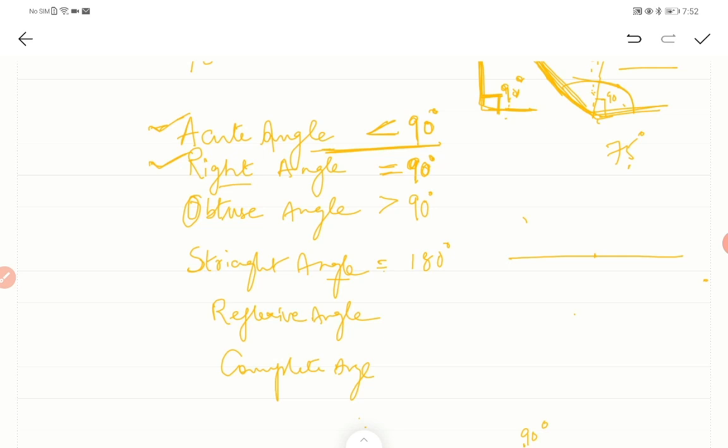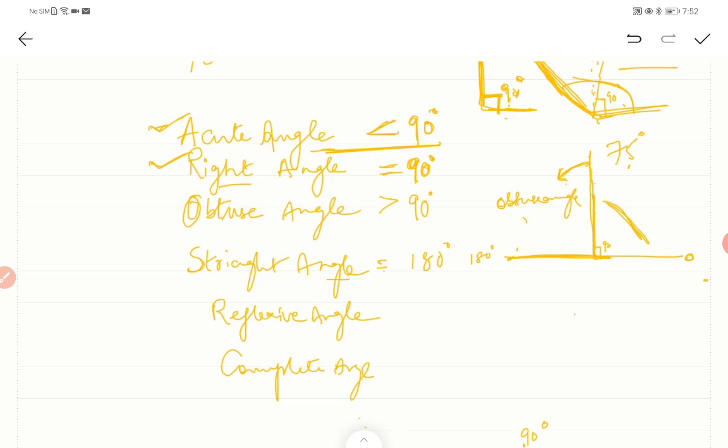So we are starting from 0, and our separating line, if you take this as 90 degrees, then less than 90 it is an acute angle, exactly 90 it is a right angle, and greater than 90 degrees it is an obtuse angle. When it is coming exactly here and becoming a straight line or straight angle, it is 180 degrees.